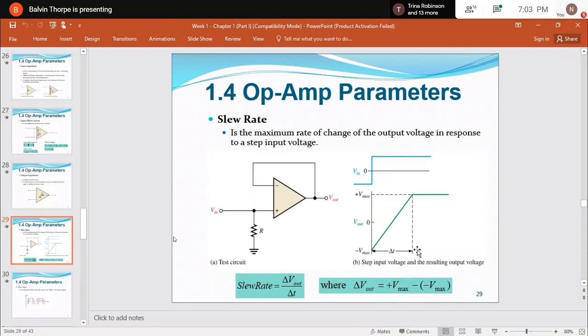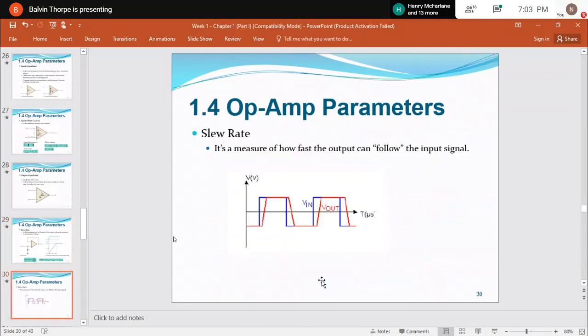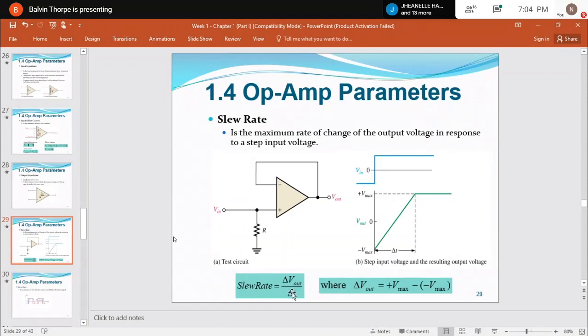The voltage change will be from the bottom here to here, which will be delta V. While the time it takes to go from minimum voltage to maximum voltage is what's called delta T. So the slew rate means the rate of change of the voltage going from minimum to maximum over the time it takes for that to happen. That is called the slew rate of our operational amplifier. Again, we're going to use that a little later, but we just need you to understand what that means.